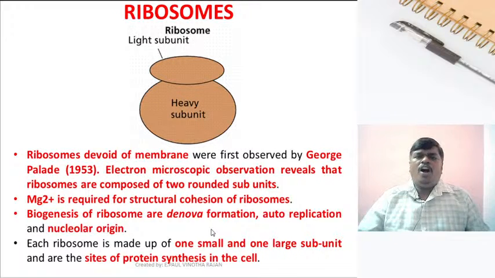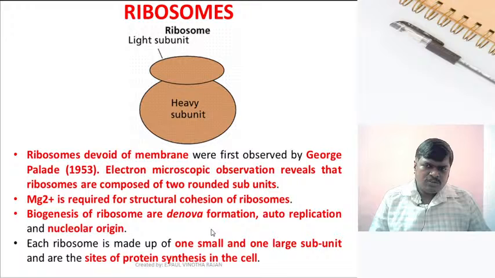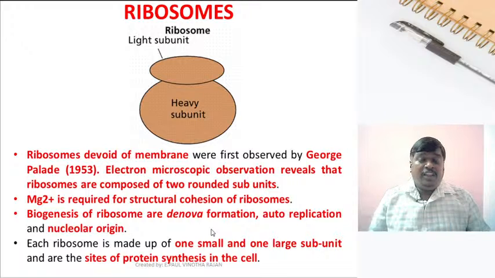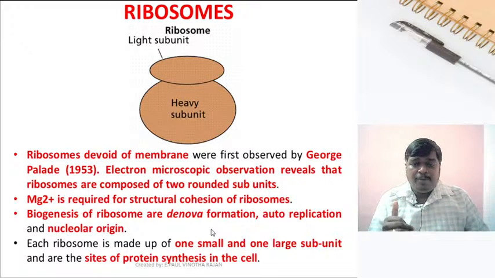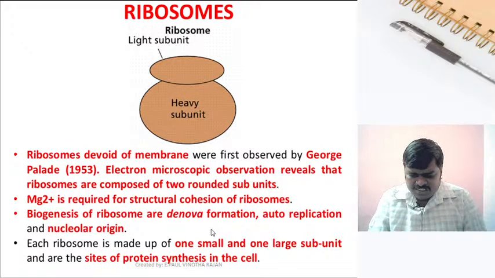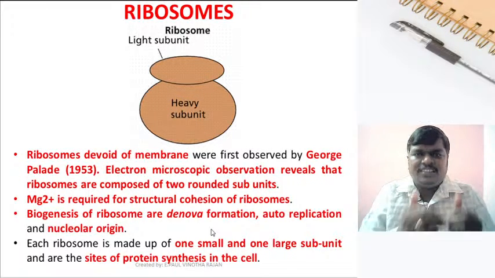So they can form by themselves, auto-replication, that is a self-replication process, or by nucleolar origin. And both the largest subunit and the smaller subunit are the site for protein synthesis.